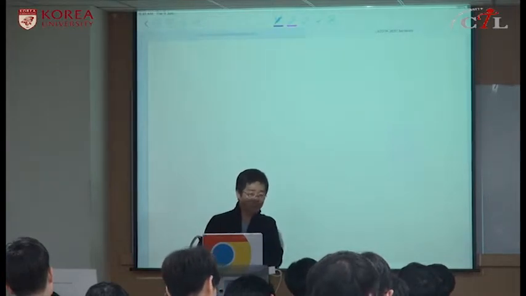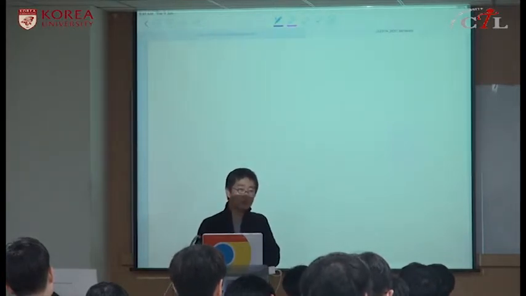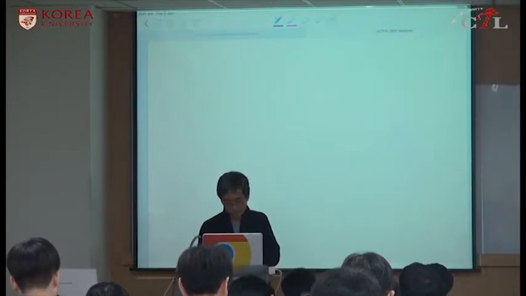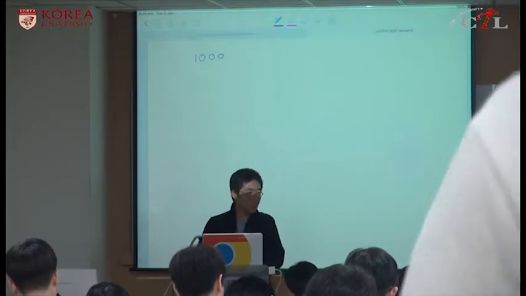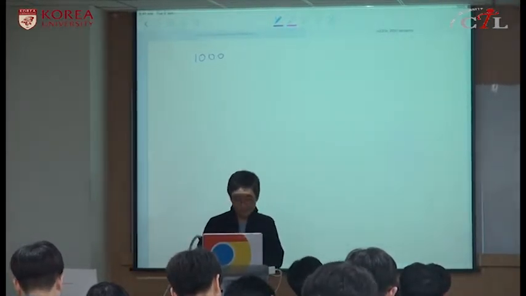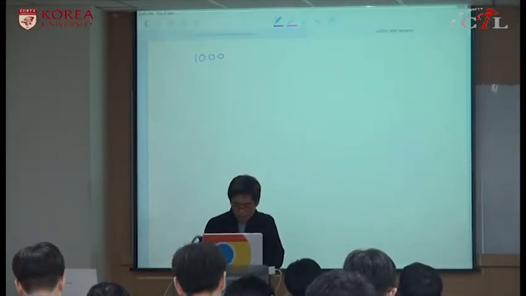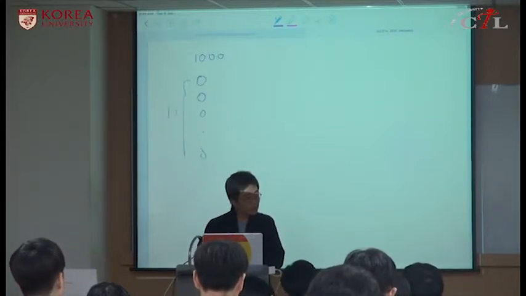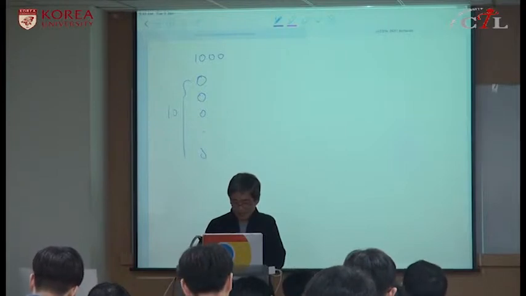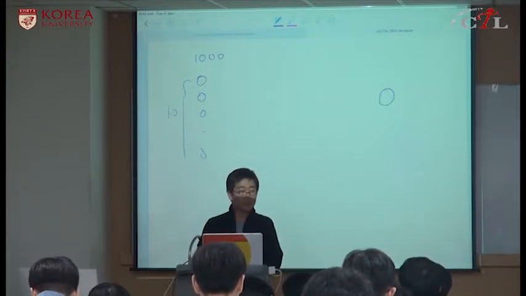Suppose you have a fixed total number of parameters. You are allowed to use maybe 10,000 different parameters, okay? The input nodes are maybe 10 different nodes, and suppose the output node is just a single one.